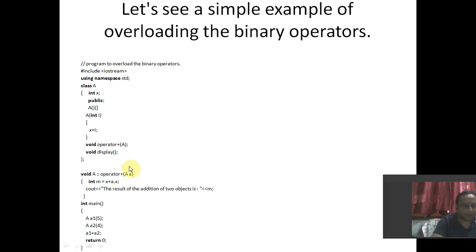So the operator overloading is called, the first value is 5, the second value is 4, so both values are combined and it gives the output 5 + 4 = 9. So the basic difference between binary and unary operators is that a binary operator must have a single argument when declared as a member function, or if the binary operator is using a friend function, then there will be 2 arguments.